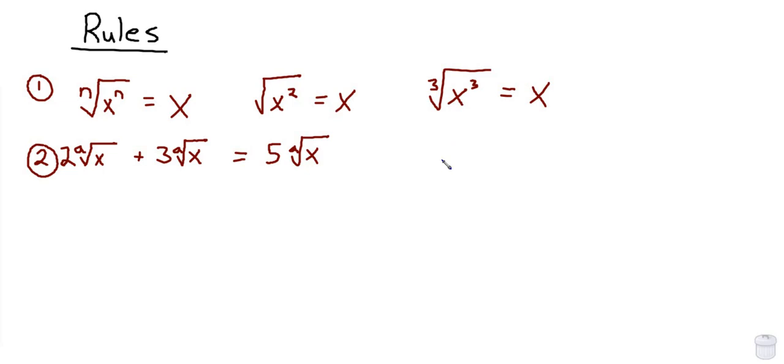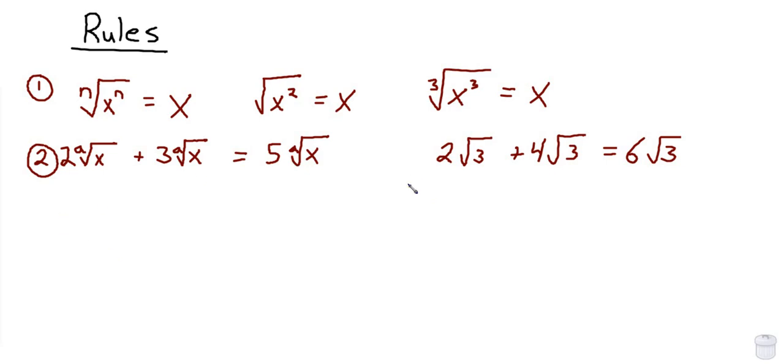For example, we had 2 of the square roots of 3 plus 4 of the square roots of 3 is going to equal 6 of the square roots of 3.